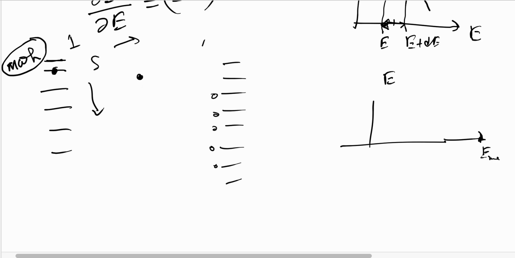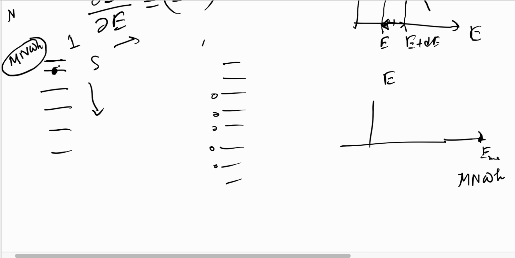Suppose again that I have n particles. So the maximum possible energy with n particles is Emax equals mn times omega h, right?